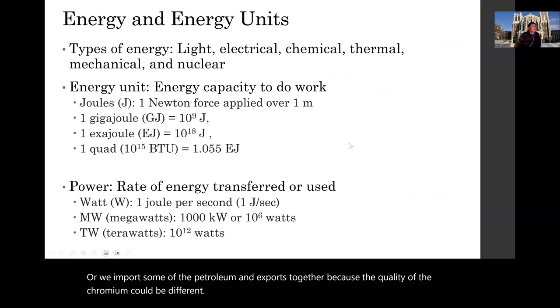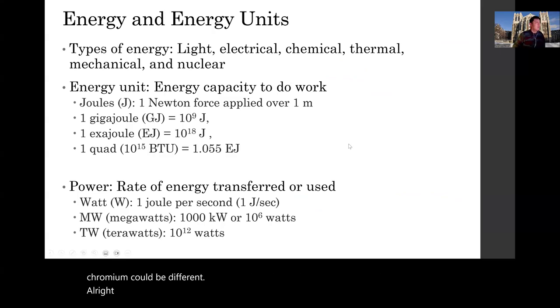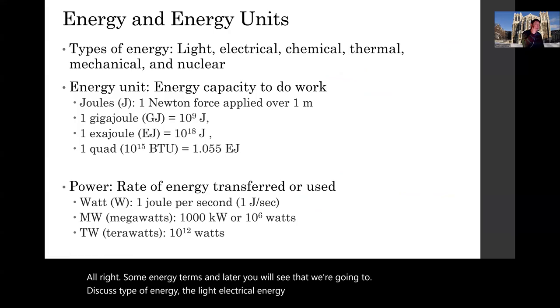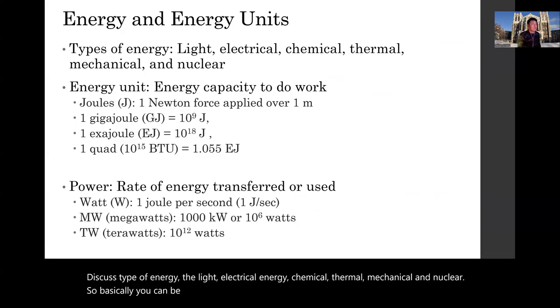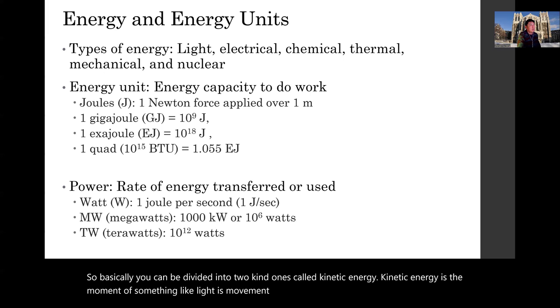All right, some energy terms. Later we're going to discuss types of energy: light, electrical, chemical, thermal, mechanical, and nuclear. Basically, it can be divided into two kinds. One is kinetic energy, the movement of something. Light is movement of photons. Electrical energy is movement of electrons.